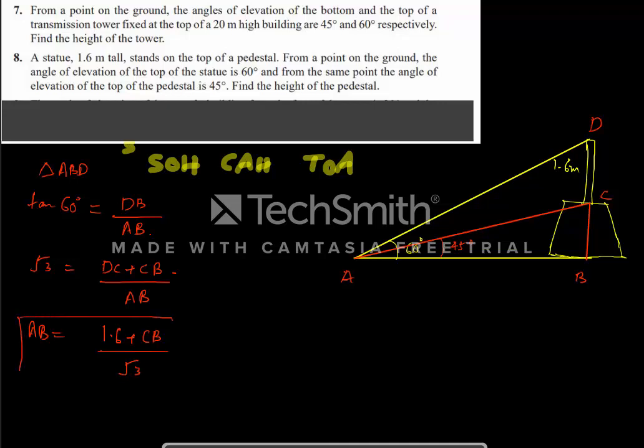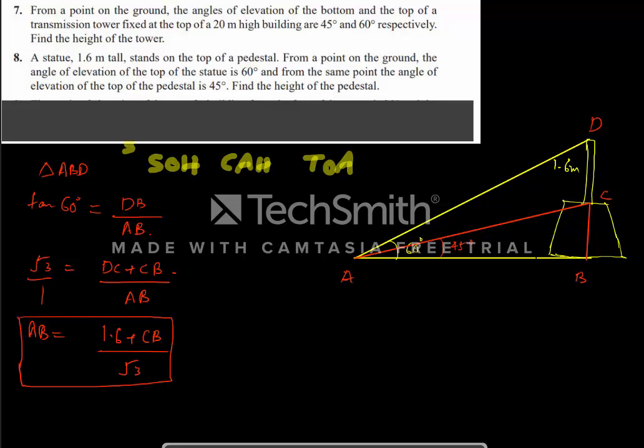I just changed root 3 from numerator to denominator, and AB from the denominator to the numerator. So AB is 1.6 plus CB divided by root 3. But we still don't know CB. We have to calculate CB.